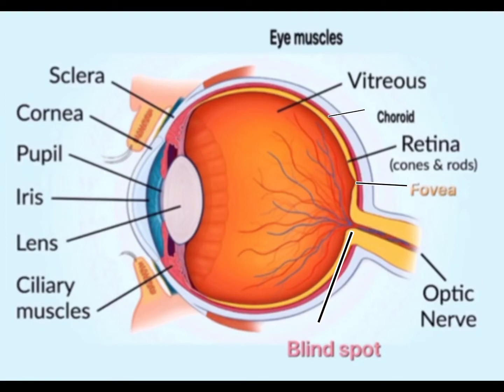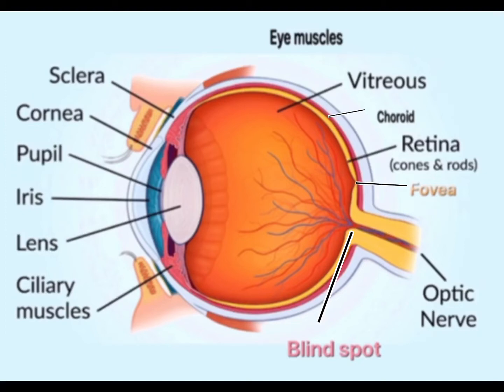Okay, this is the structure of the eye. You can see the several parts of the eye. In this video, I hope to talk about the functions also. Okay, first of all, let's see the sclerotic layer. What do you know about the sclerotic layer? The sclerotic layer is the outermost layer of the eye.